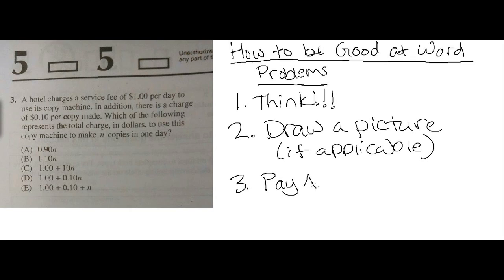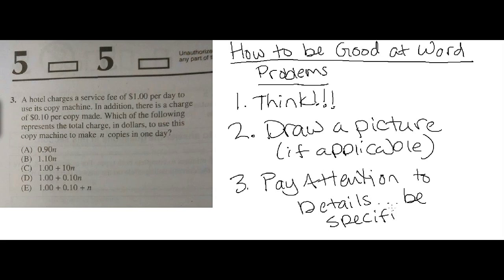And so tip number 3 is pay attention to details. Be specific. A lot of the time in these questions, a person might leave one of the things in dollars, but then put the other unit in something else.